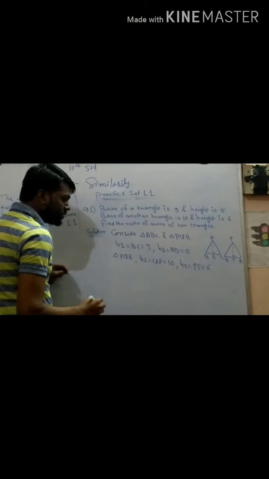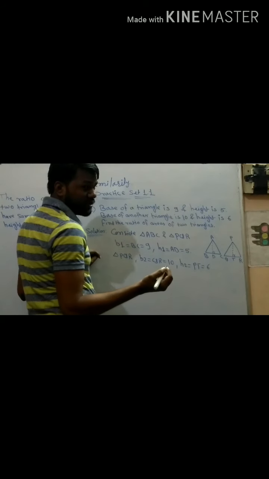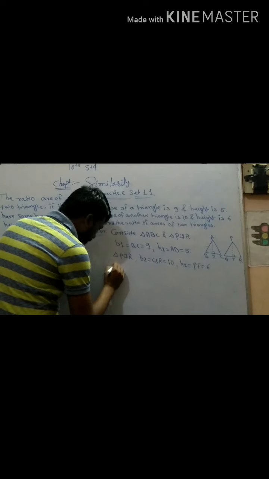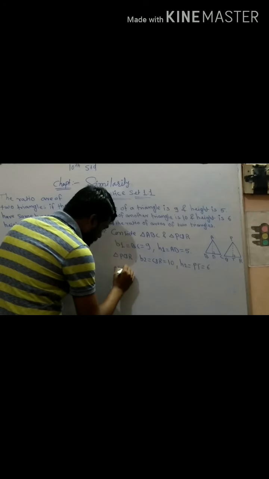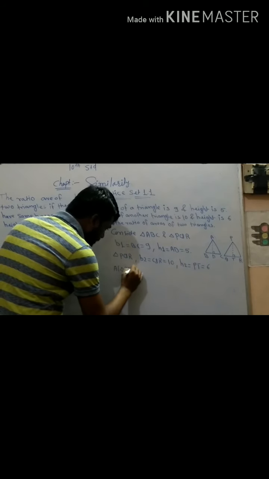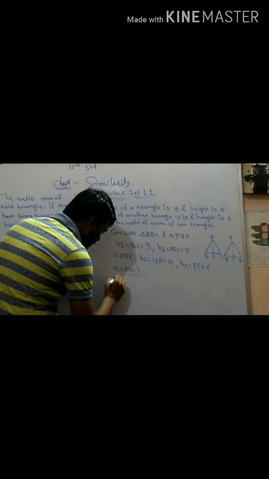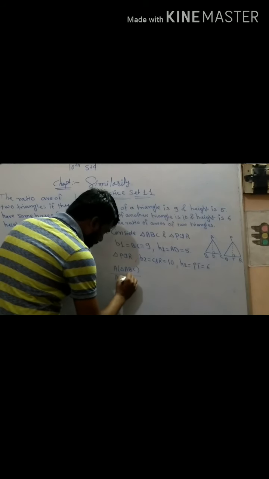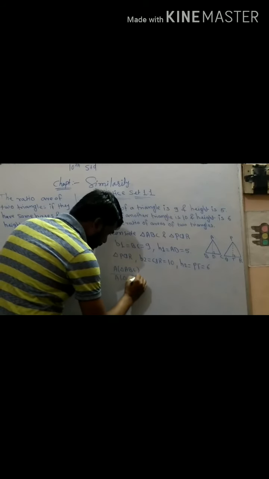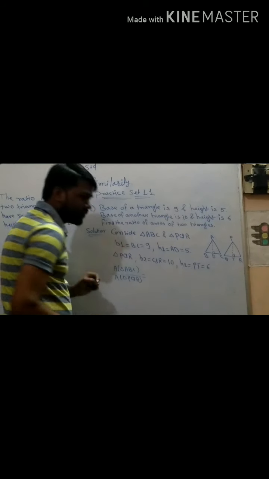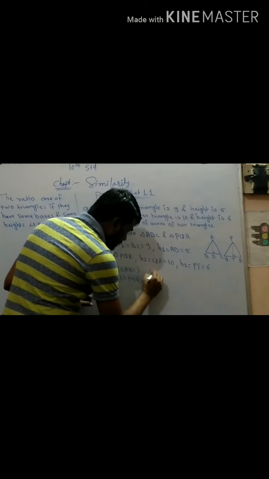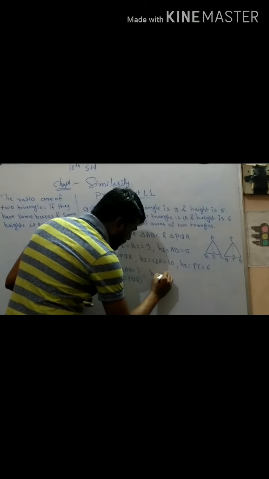I consider the triangles, that's why I am writing the names here. So the ratio of areas of two triangles: area of triangle ABC upon area of triangle PQR is equal to what? 1/2 base into height.